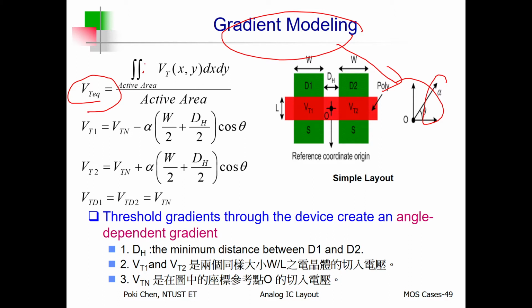Usually, you need to do a double integration all around the area they occupy. For VT1 or VT2, you need to do such a double integration, and then divide it by the effective area. That is the average threshold voltage for each subdevice, this or that.